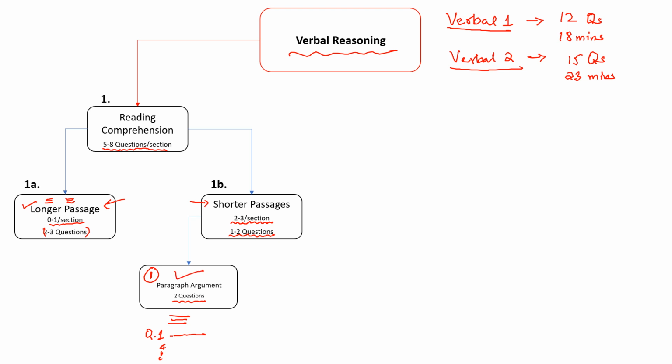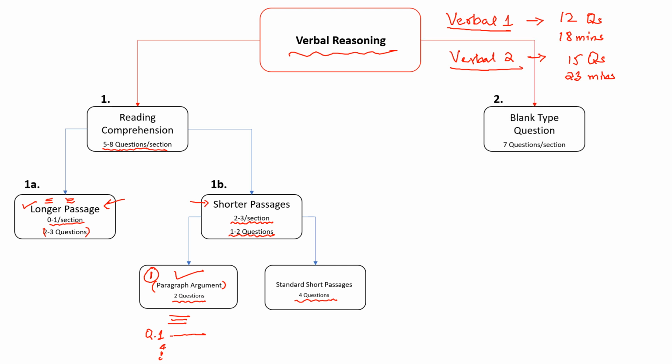And of course, these paragraph argument type questions are a little bit different in structure because they're very reasoning oriented, right? They have very brief information and they're very reasoning intensive. But of course, that being said, you also have the standard short passages from which you can expect to see around 4 questions per section.